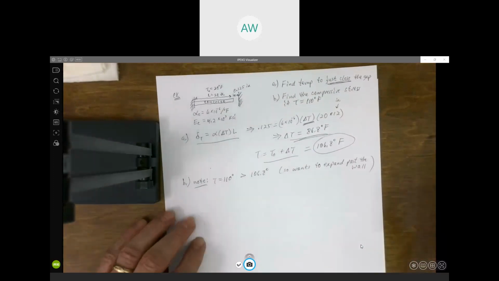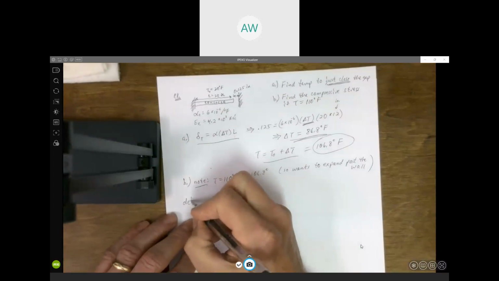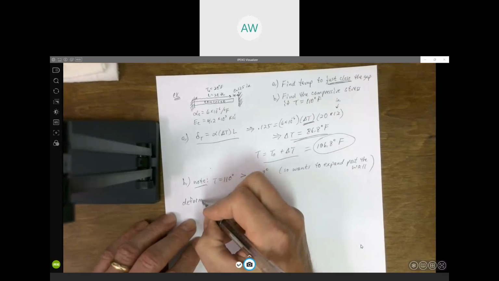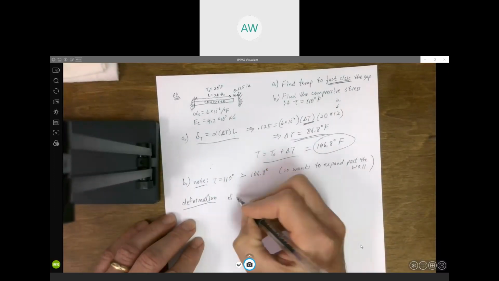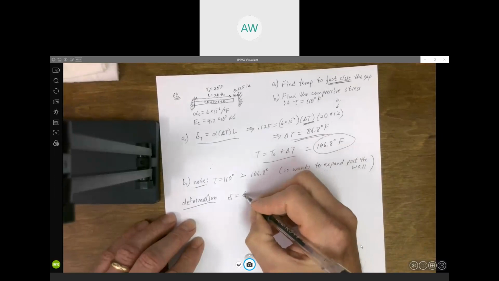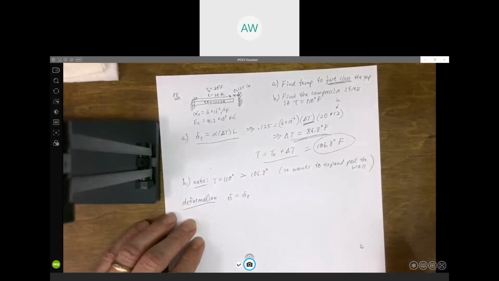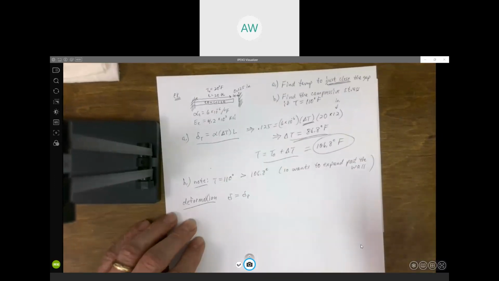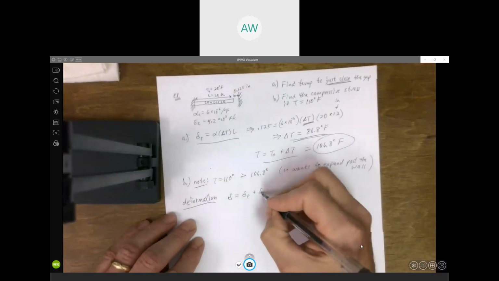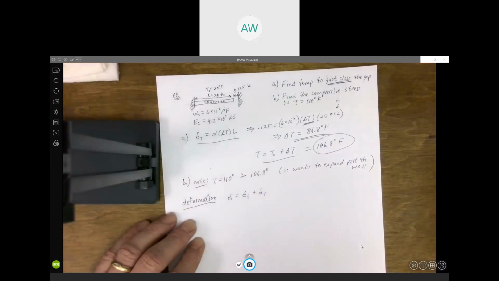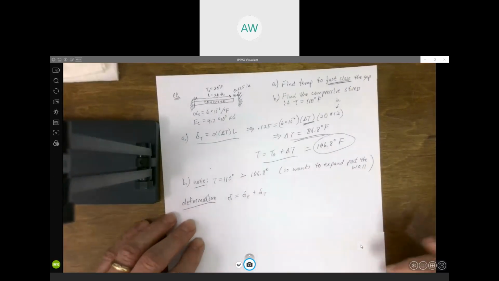Right, so I do know from what we know about the deformation here, again, the total deformation is going to be equal to the deformation due to the axial force that's going to be generated when it hits that wall, plus the deformation due to the temperature change.